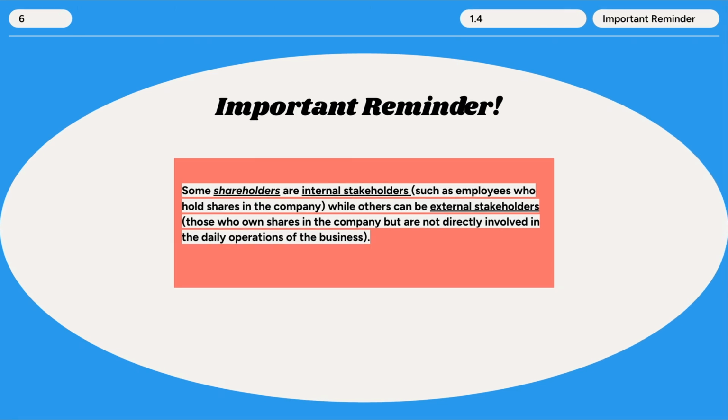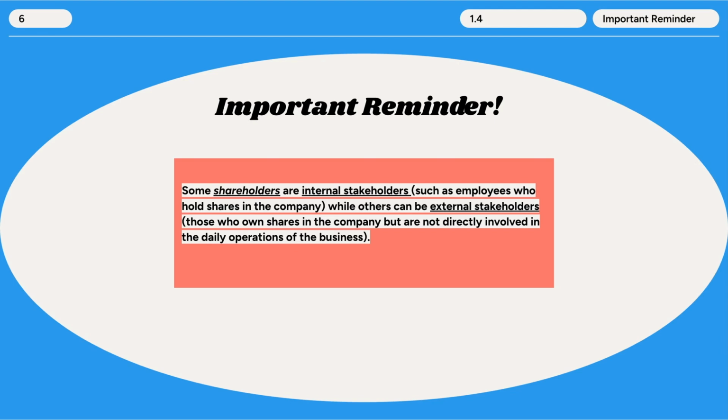So for example, as an individual, if I purchase the shares of a company, I am not directly involved in the daily operations of the business, right? So I am classified as an external stakeholder. However, on the other hand, if we are thinking about limited liability companies, which was covered in chapter 2, these companies are actually owned by their shareholders.